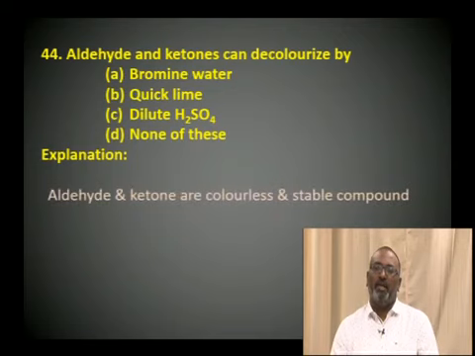It is a stable compound because C double bond O is present in the functional group. If a double bond or a triple bond is present between carbon atoms, then only we consider such compounds unsaturated. Those unsaturated compounds will decolorize these solutions. So aldehydes and ketones are colorless and stable compounds. So none of these can decolorize them.